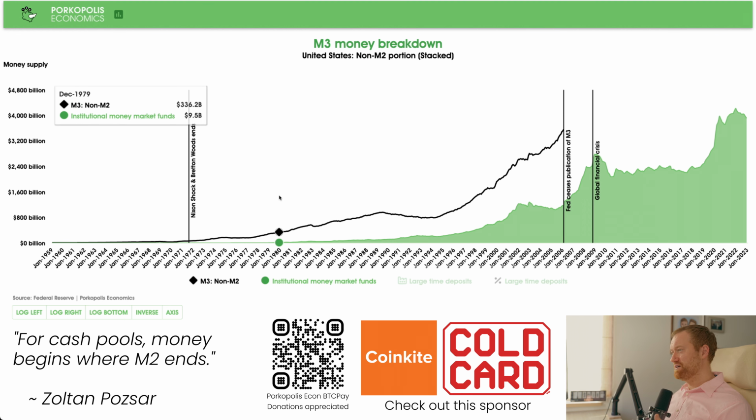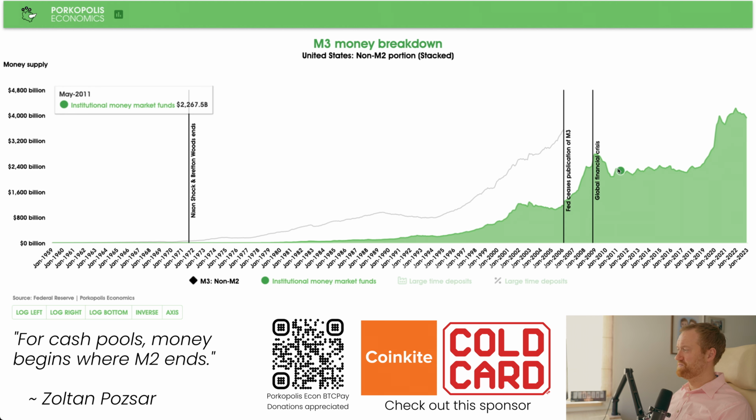And again, M3 money here is institutional type money, always not retail. So these are institutional money market funds. And here we again break this traditional definition of M3 being less liquid money, because institutional money market funds are certainly liquid. Yes, they might be tied up in government bonds to earn interest, but those are very liquid themselves. They could sell those bonds and buy another type of asset.